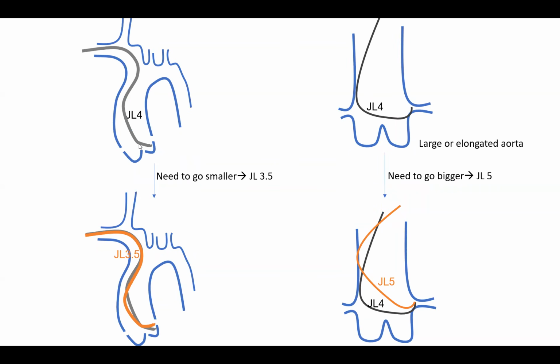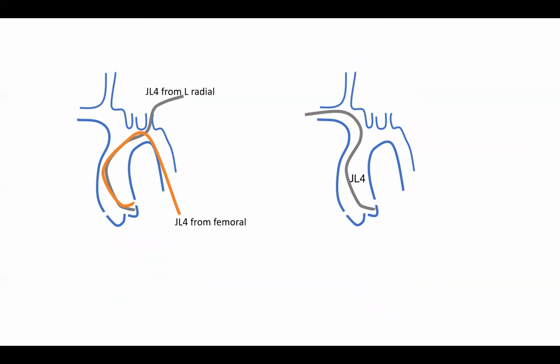This one is elongated with a tip pointing down below the coronary. You need to go smaller from JL4 to JL3.5, okay? This one is falling with its tip pointing up. You need to go bigger, JL5. You need a bigger arm to point that catheter tip more down and to prevent the catheter from falling and looping on itself. That's a very important idea regardless of access.